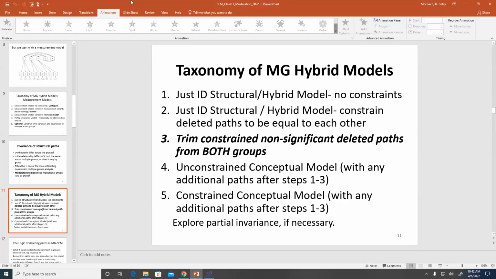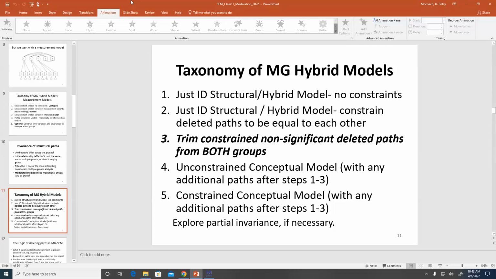At the end of step 3, we have this model where we've dealt with our deleted paths and all of our conceptual paths are not constrained. And then the next step is, can we actually constrain our conceptual paths to be equal across the two groups? So we'll constrain the conceptual paths to be equal across the two groups.